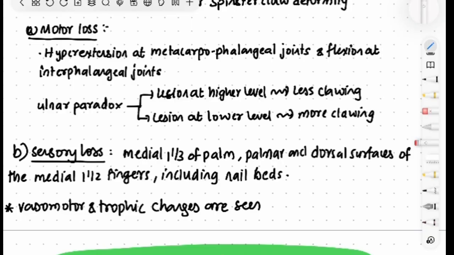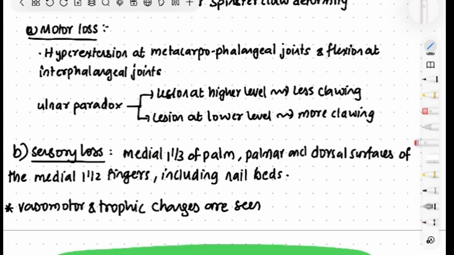You can replace ulnar with median or radial also. If you can remember the details, definitely you can score a good score.